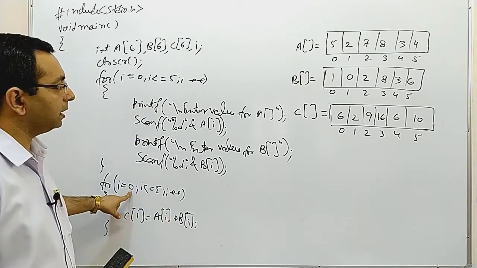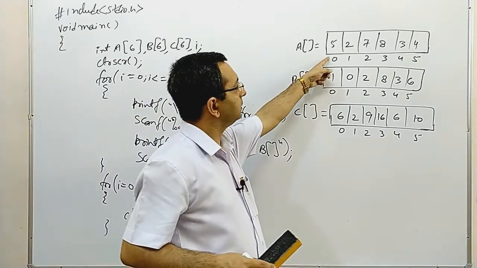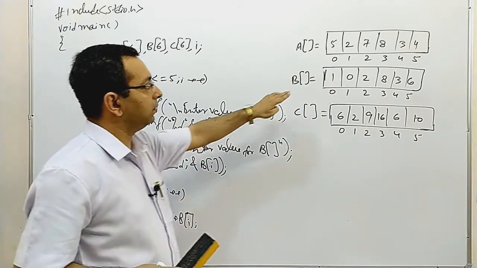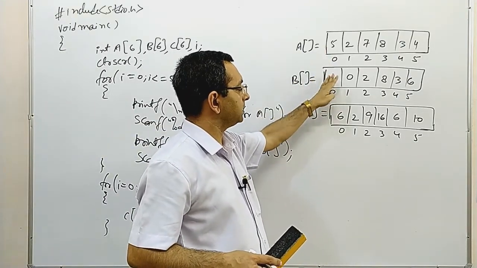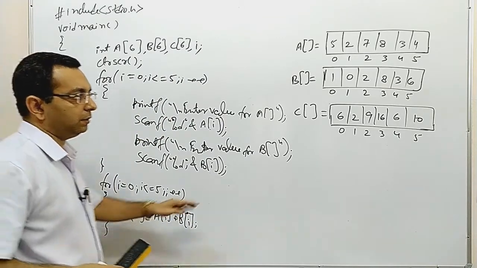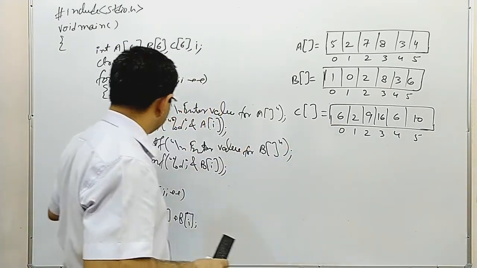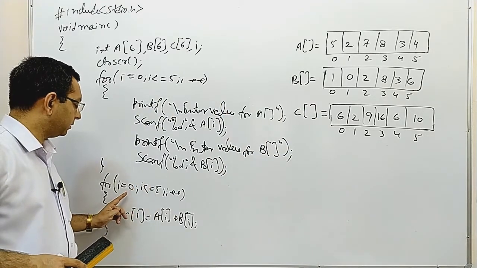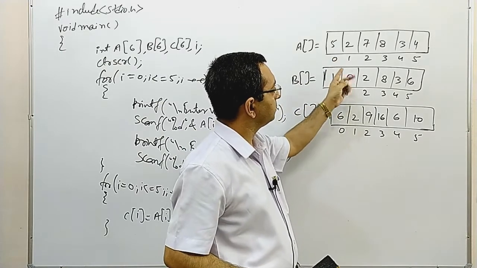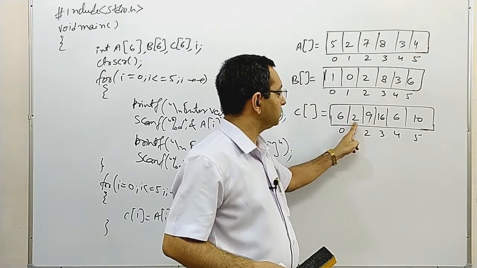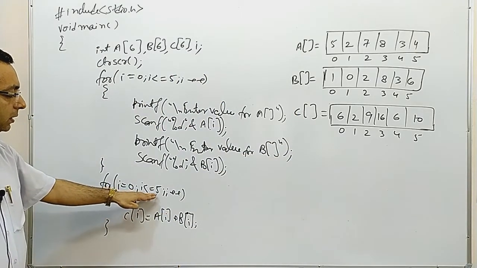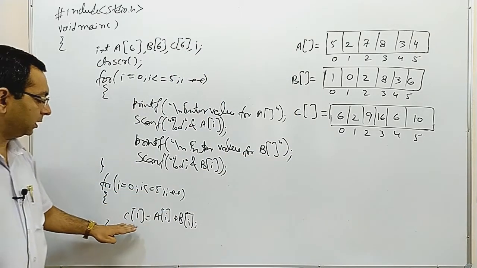I will be 0, the value will be 5, and the value of B[I] will be 1. So 5 plus 1 will be added to give 6, and 6 will be stored at C[I]. I value is 0, so it will be stored here. Then the iteration is incremented, and the value of I will be 1. So 2 and 0 will be added, resulting in 2, and 2 will be stored at C[1]. So this loop will be executed till 5, and the results will be stored in C[I].